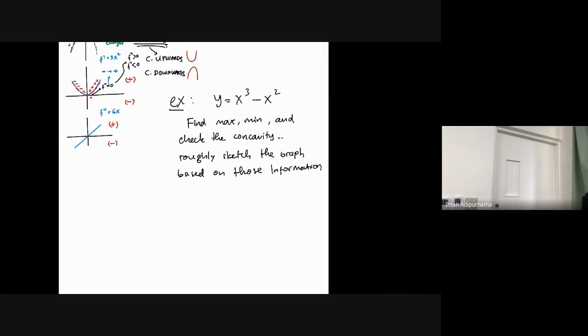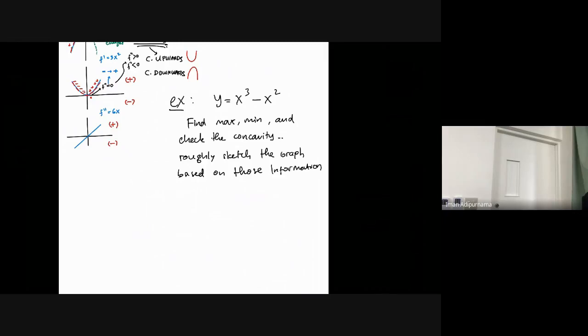So all your max and minimum can be called a local max or local min, but just saying maximum or minimum is also fine, because the question is not making any difference between absolute or local.